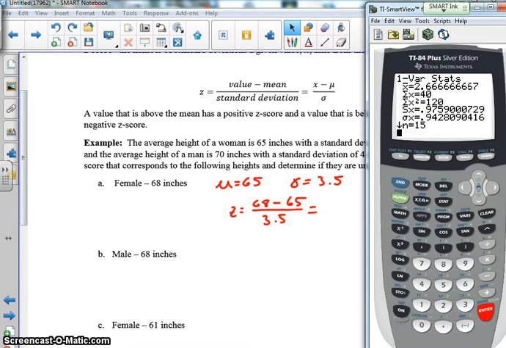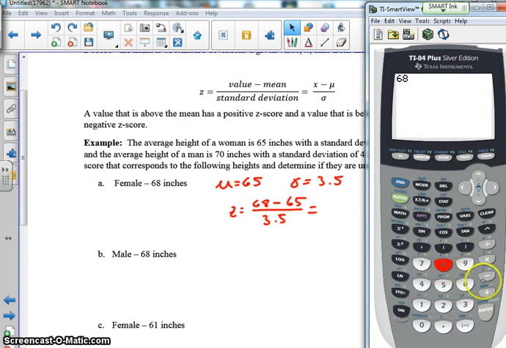And you can get your calculator out. 68 minus 65. Either make sure you put those in parentheses or hit enter, divided by 3.5. And this person is 0.857.